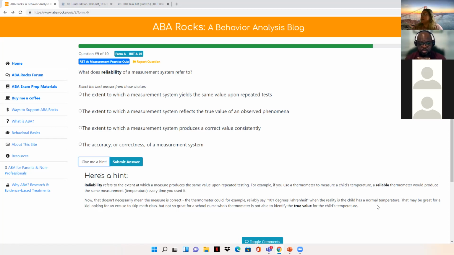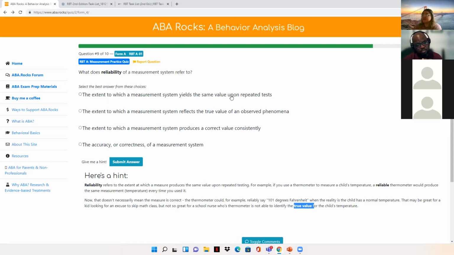That may be great for a kid looking for an excuse to skip math class, but not so great for a school nurse whose thermometer is not able to identify the true value for the child's temperature. So it doesn't have to be accurate. It just has to repeatedly score the same measurement.